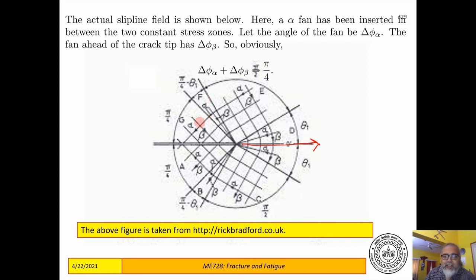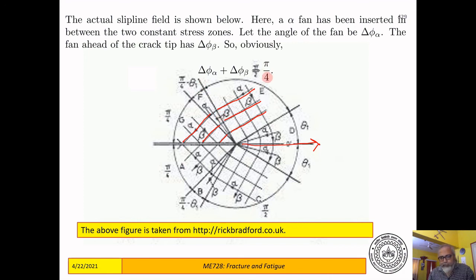As I said, the alpha lines make an angle of plus 45 degrees here. These are the alpha lines. Then these alpha lines continue in the second sector. But the angle between the alpha lines has changed now, because it is no longer 45 degrees, since you have added this sector in between.